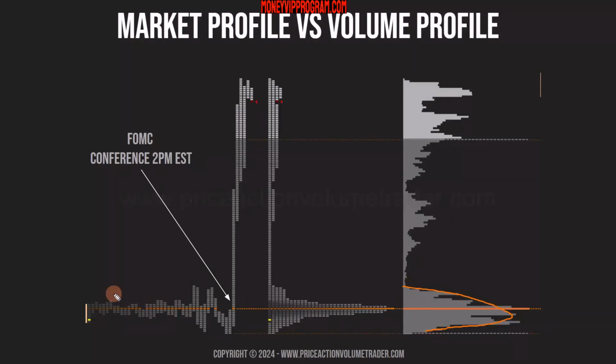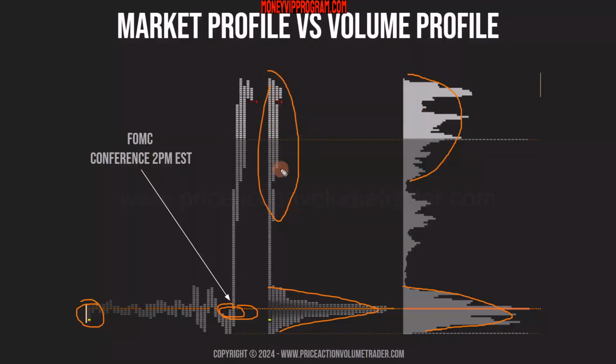We accumulated a big high volume node right around this consolidation area, coming pretty much from 9:30 a.m. all the way to 2. And then in the last 2 hours, we accumulated a very significant amount of volumes for just about a period of, pretty much all we had up here was 3 TPO periods.